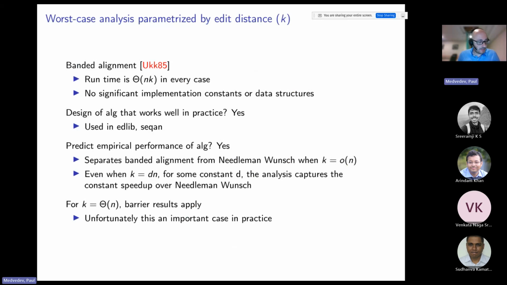The banded alignment algorithm, the idea that I described earlier, is a simplified version of a slightly more complicated algorithm. The idea is roughly the same. The runtime there is nk in the worst case.